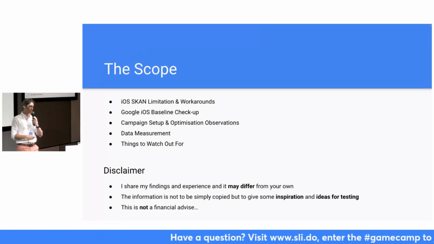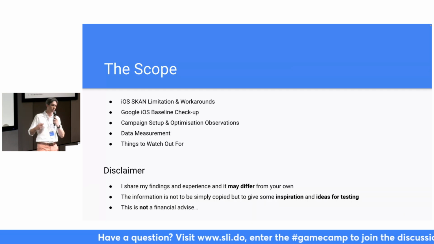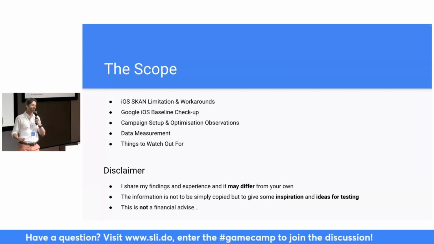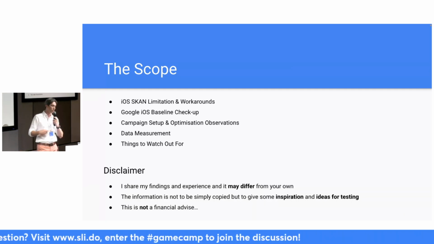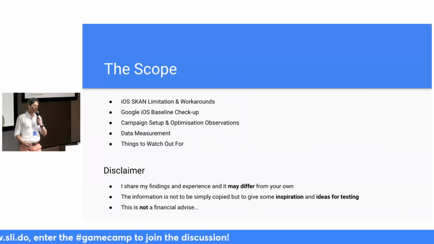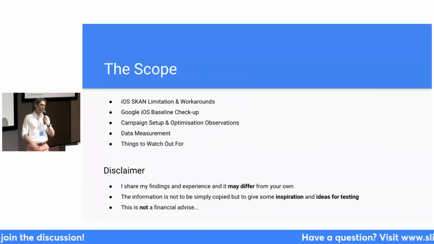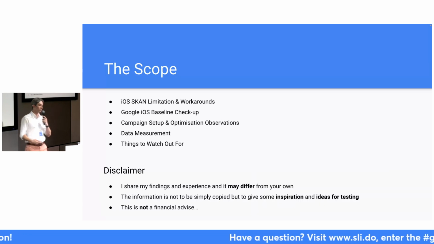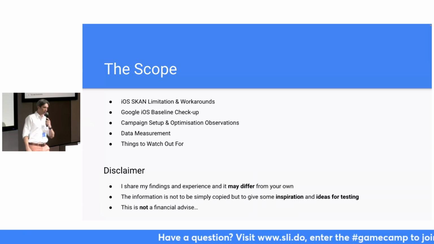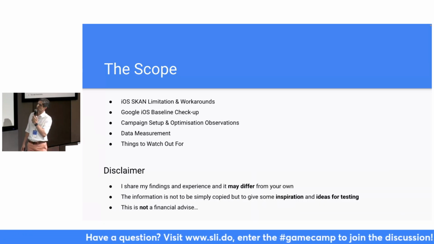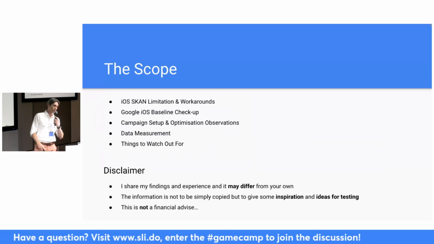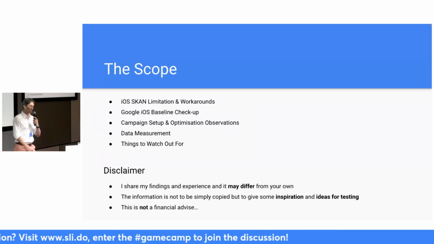So our scope of discussion today will cover iOS SCAN limitations and possible workarounds. Then we will talk about the baseline checklist for starting Google iOS campaigns and critical steps which might save your time. After that, I will share my observations on the campaign setup and what to expect from new launches.